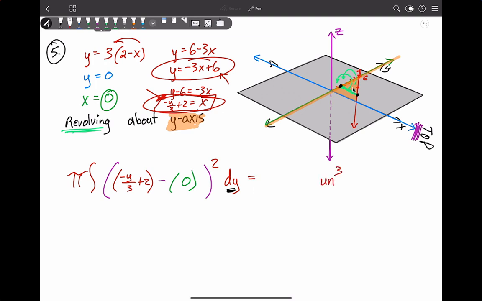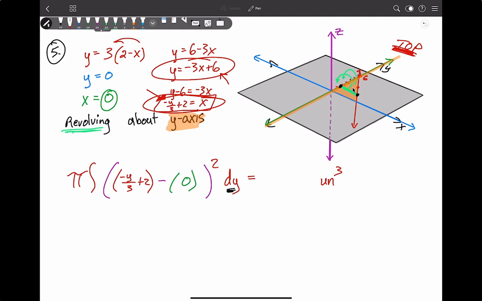The only thing that I have to do at the very end is I have to make sure that I have my limits of integration. I need to know, since I'm in respect to y, that I'm looking for what is the low y and the high y value, okay? So I do not interpret these with the rotation 90 degrees to the right. This is going to be just normal looking at the graph with the y-axis being the top up here.